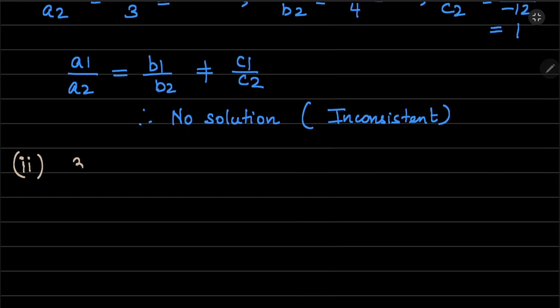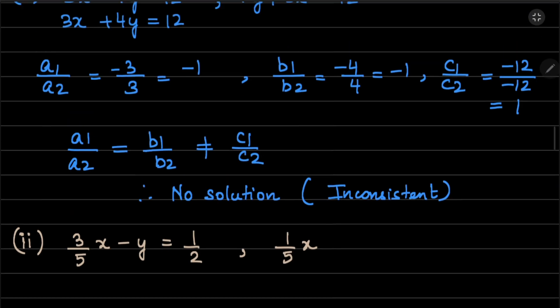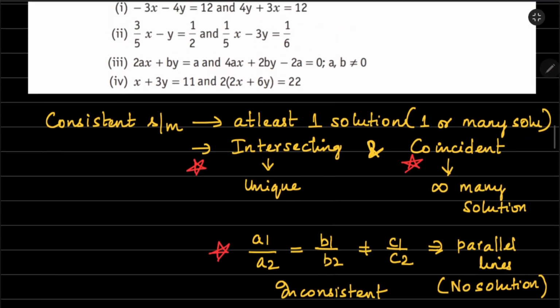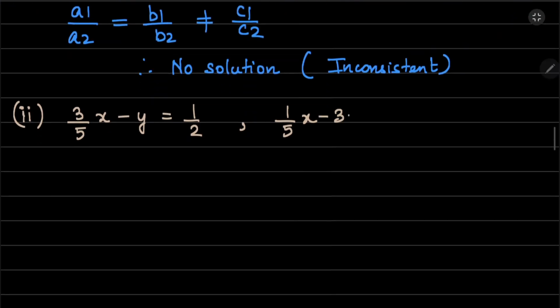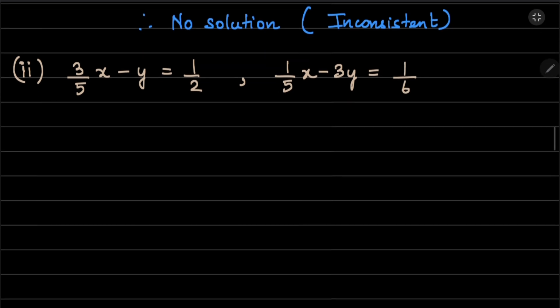The second question is 3 by 5 x minus y equal to 1 by 2, and 1 by 5 x minus 3y equal to 1 by 6. Let's do it the same way.